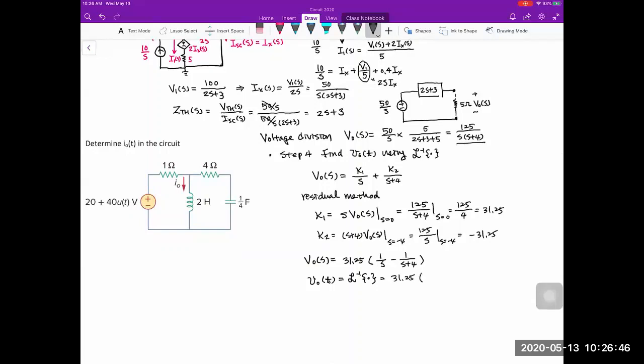What is the first one? 1 over S, that's U sub T. What about the second one? Well, the second one is S plus 4. If you look at the table, that will be the exponential multiplied with U sub T. So that would be minus e to the minus 4T and U sub T. So if you take the U sub T out, that will be 31.25 times 1 minus e to the minus 4T, U sub T, and this is the solution.